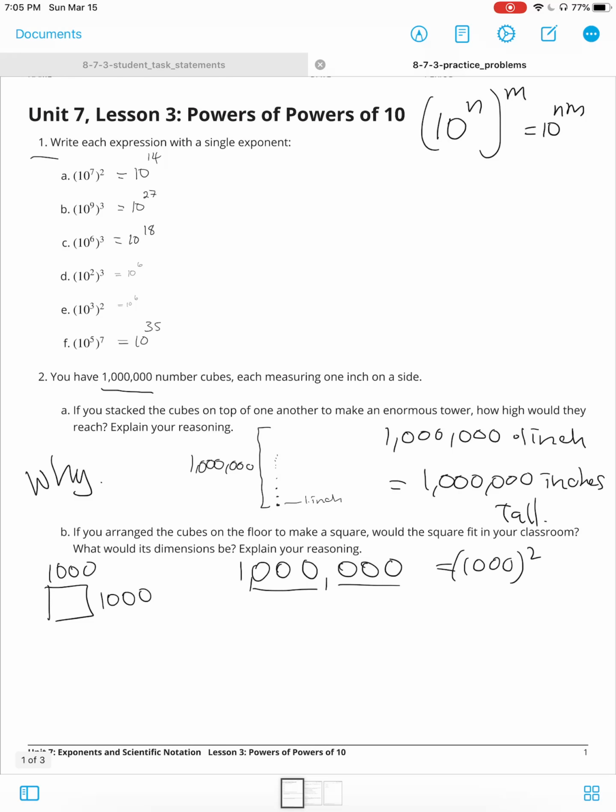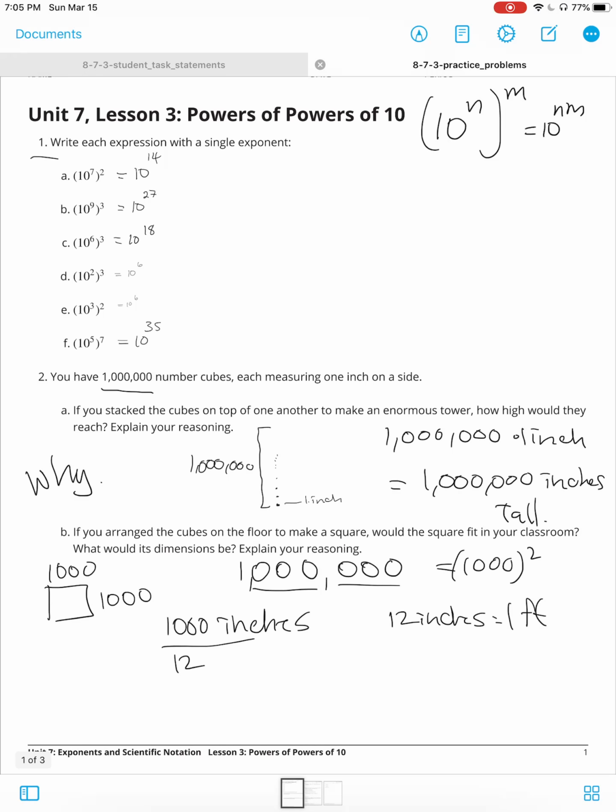But I don't have a calculator for this. That's 1,000 inches. And there's 12 inches in 1 foot. So if I divide this by 12, that will tell me how long this square will be.